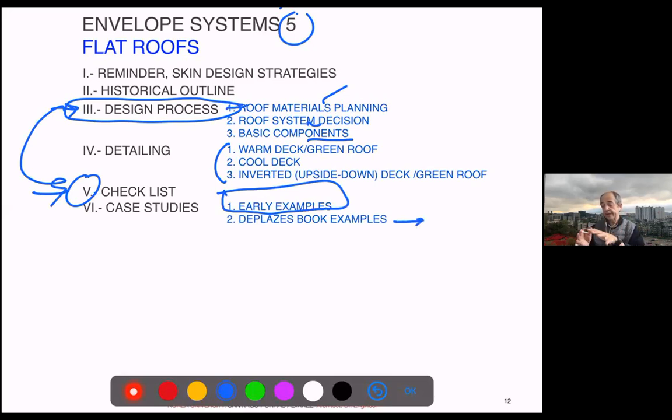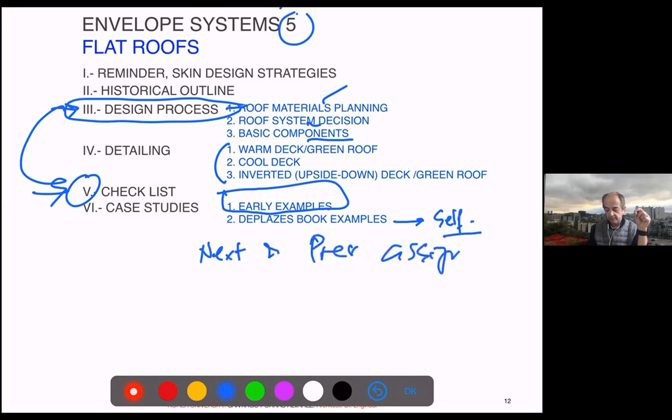I will add some excerpts in Blackboard as usual, so this may be self-studying. And then about the next and previous assignments, right? And about the exam, I will comment tomorrow.